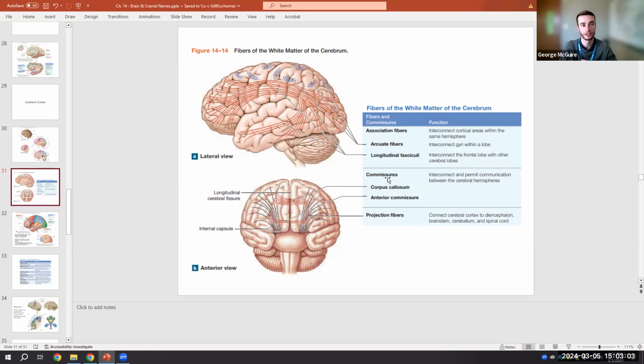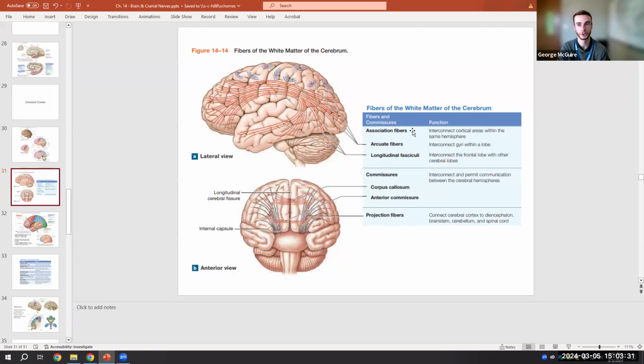Anytime you see the term commissures in the brain, they are going laterally. So from the right hemisphere to the left hemisphere, or crossing the center, like we were looking at the commissure in the spinal cord. They're going side to side, crossing that center. And then we have some projection fibers connecting the cerebral cortex to all the parts of our brainstem and diencephalon.